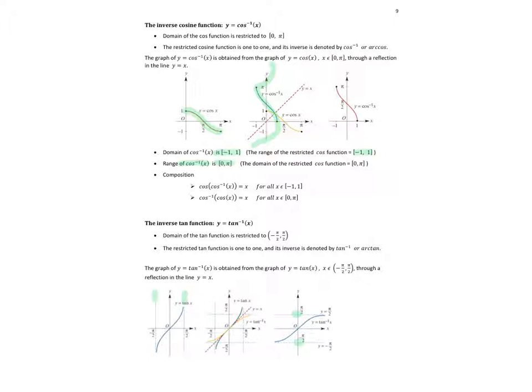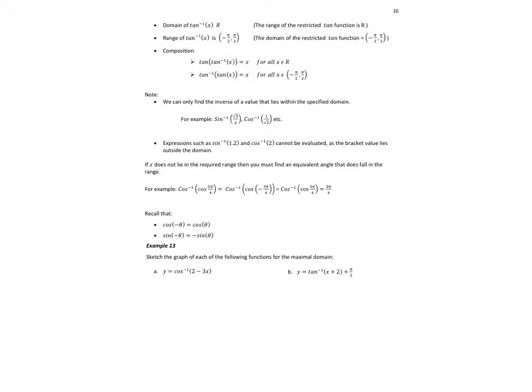And the domain of that graph, you can see it just extends on and on. So the domain is R, and the range is between negative pi on 2 and pi on 2. All right, so again, there's just those key points there: the domain and the range of the graph that we're interested in.